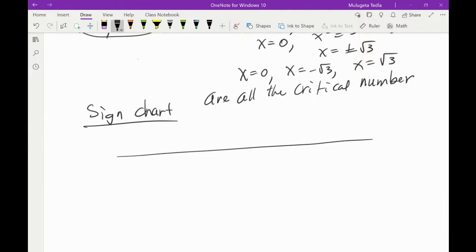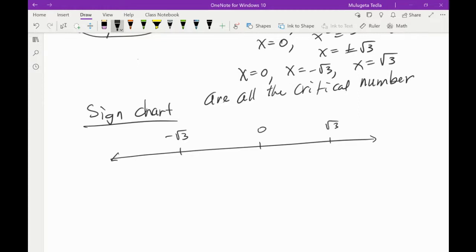So you always order your x-axis based on increasing value. The smallest number on the left is negative root 3, and then the next number is 0, and then the next one is root 3, which is the biggest number.